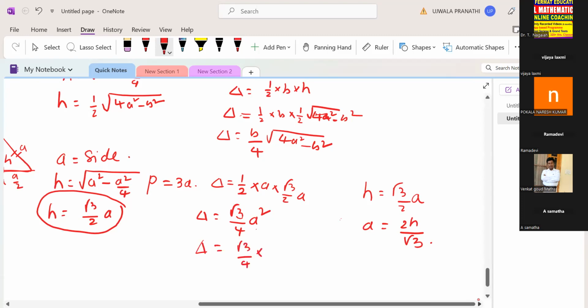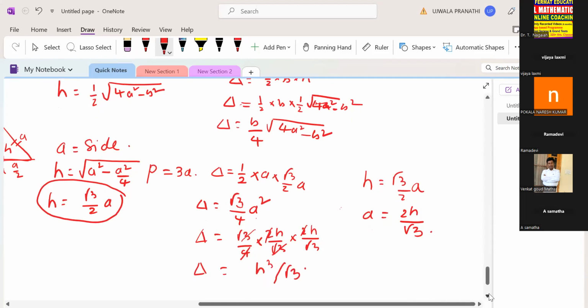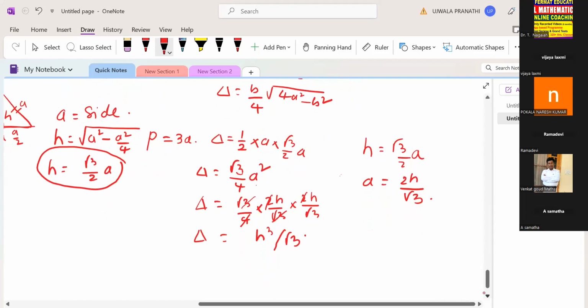What is the A? 2H by root 3. 2H by root 3 into 2H by root 3. Now, 2, 2, 4, 4 will be cancelled. 1 root 3, 1 root 3 will be cancelled. Then what we get here? Delta is equal to H square by root 3. So, this is the area of an equilateral triangle when height is given.